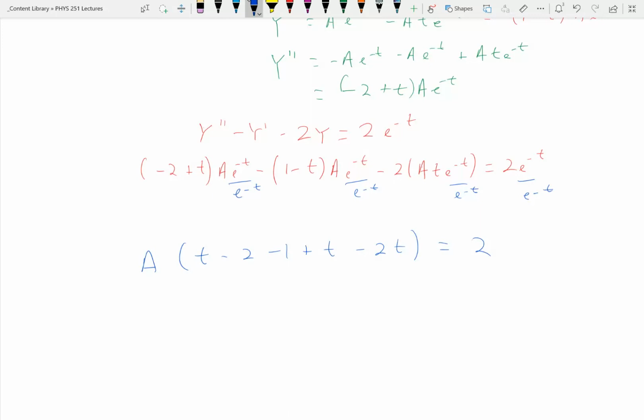T plus t minus 2t, it's important that those add out to 0. And I have minus 2 minus 1 is 3. So a is minus 2/3.